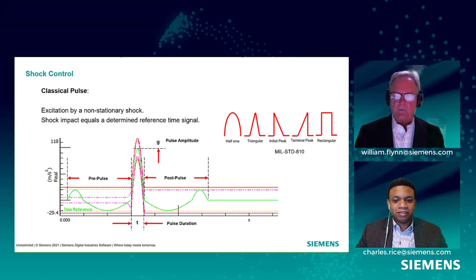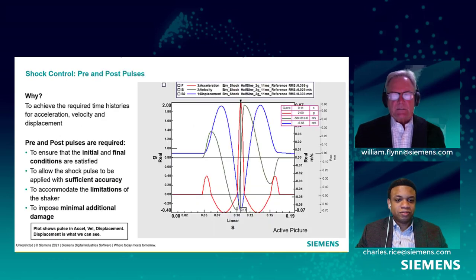And again, all of these are very well defined, and the usage of them are very well defined in the Mil standards. I always thought this was kind of interesting to show, if you define these in acceleration, which is defined with the red, you can measure acceleration with an accelerometer, but what do you see with your eyes?